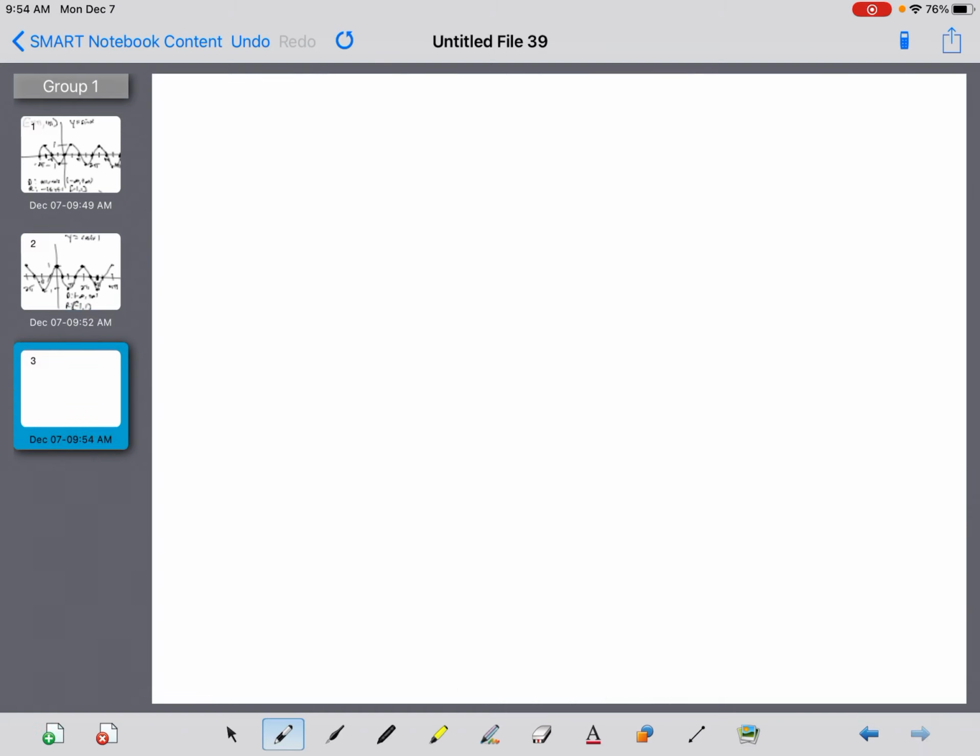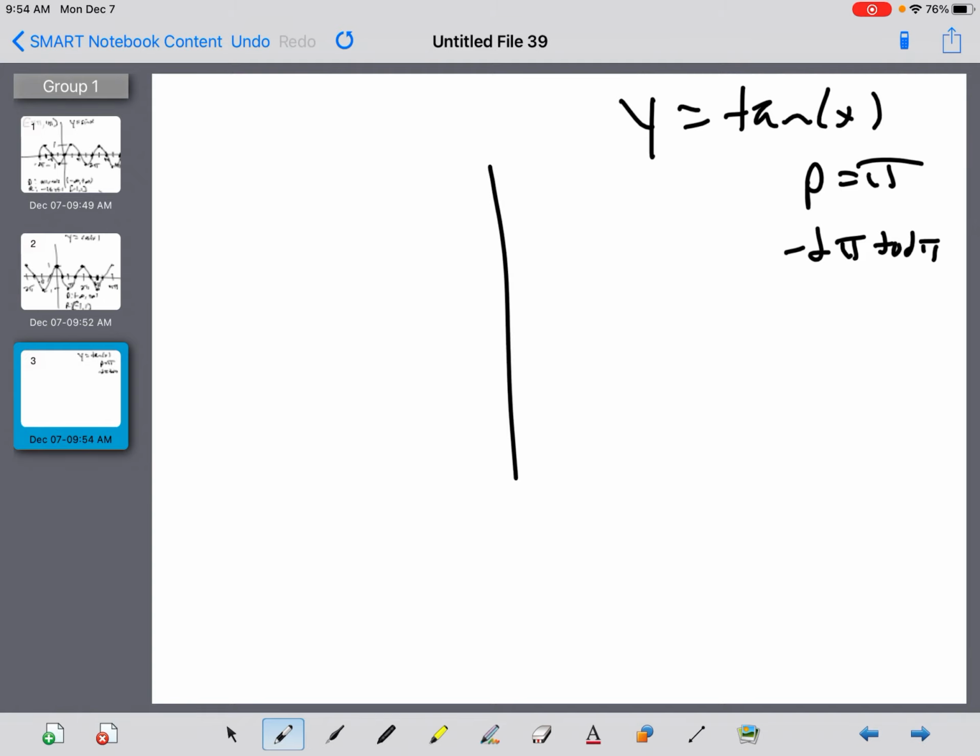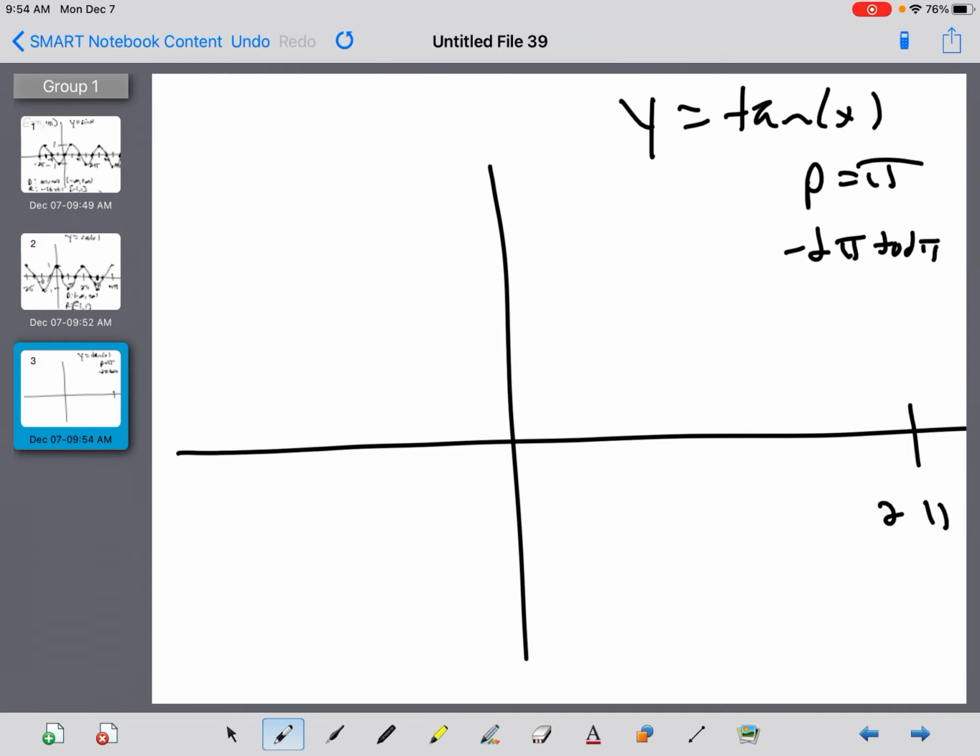Okay, tangent graph. Now here the period is pi, so we're only going to go from negative 2 pi to 2 pi here. So when I start looking at this, okay, if I put 2 pi out there, then here's pi over 2, 3 pi over 2. Okay, here's 1, 2, 3, and so on.